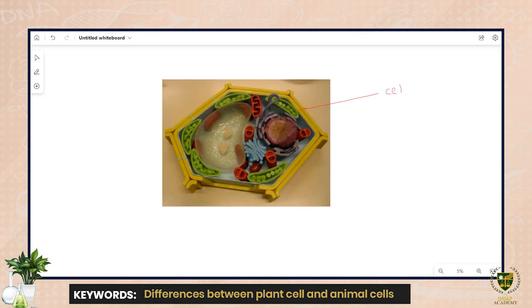This one is the cell wall. Clear? And this one is the chloroplast, which is absent in the animal cells. Clear? And this is the nucleus, as you can see.